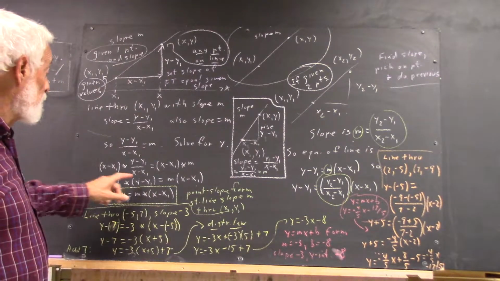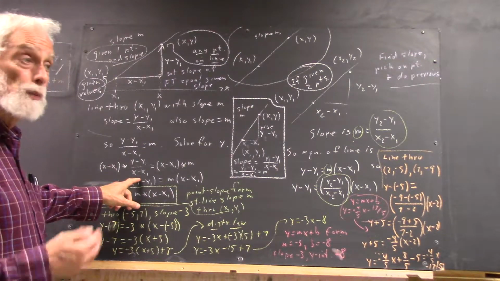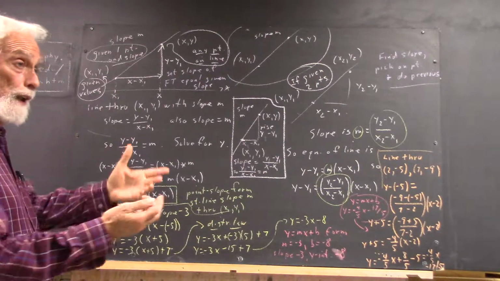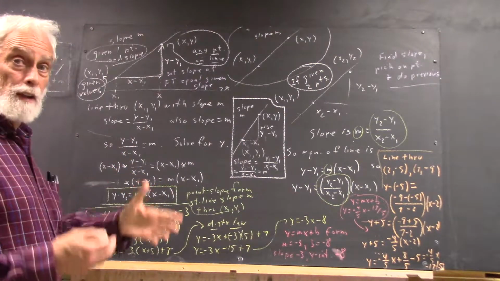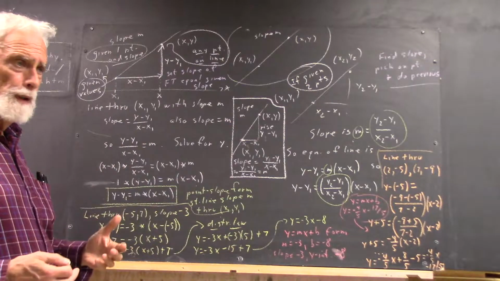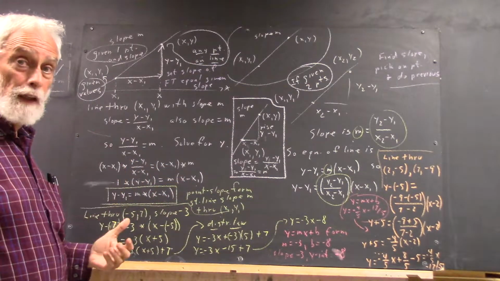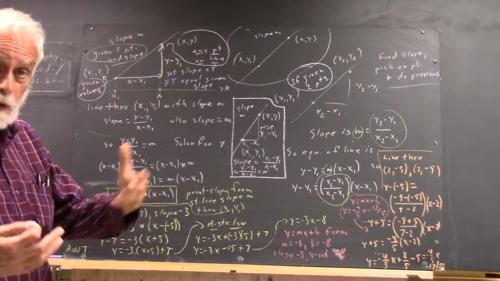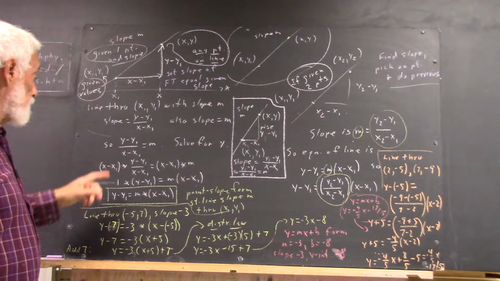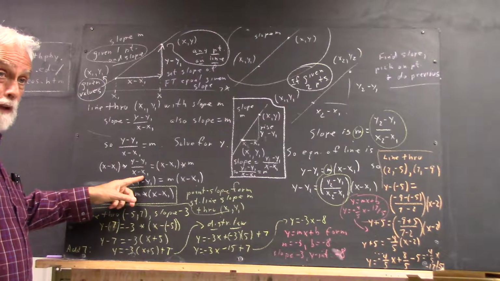And x minus x1 divided by x minus x1 is what? Well, if you divide a quantity by itself, as I said in class, what's 7 divided by 7? Everybody says 1. What's 596 divided by 596? Everybody says it's 1. And it is. Well, what's x minus x1 divided by x minus x1?